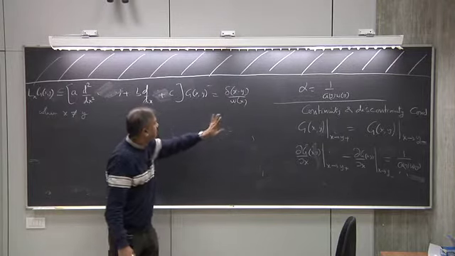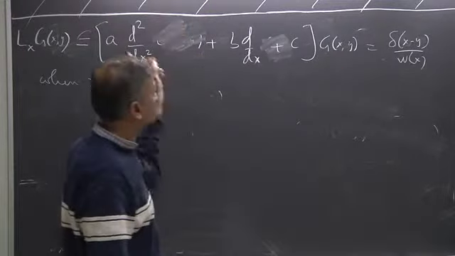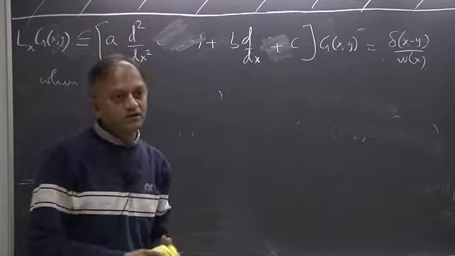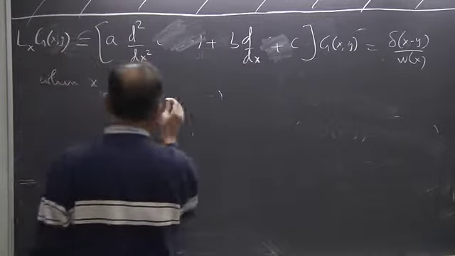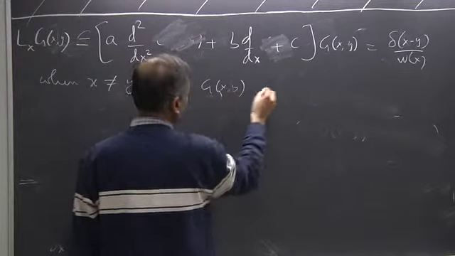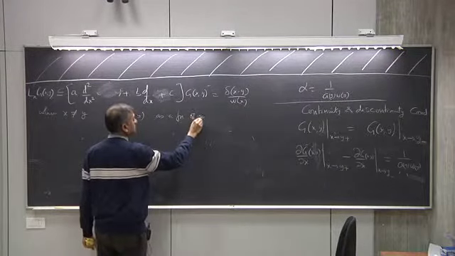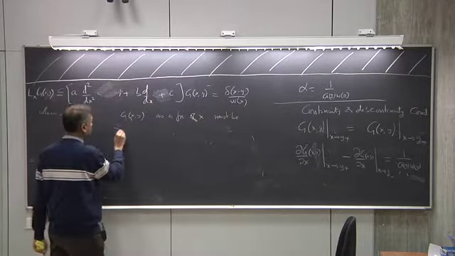So G must be a solution of the homogeneous equation. And for the homogeneous equation, we now choose a fundamental set. So first of all, G of x, y as a function of x must be a solution of the homogeneous equation.